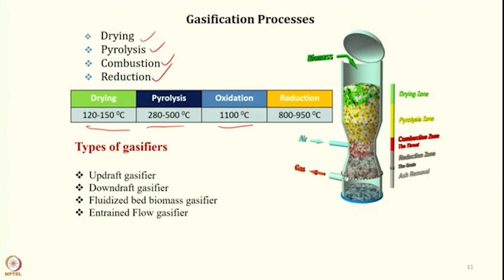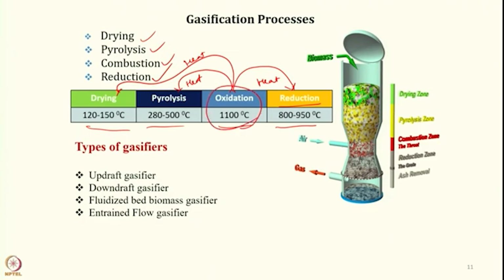Then the leftover charcoal, because the reactions of carbon with H2O and carbon with CO2 are endothermic, the temperature reduces to around 800 degrees or so. The oxidation zone supplies heat for the reduction process, the pyrolysis process, as well as the drying process. So all the heat supplied is from this oxidation zone.